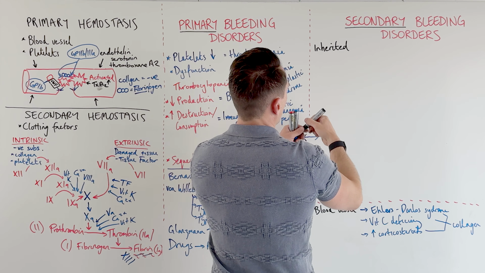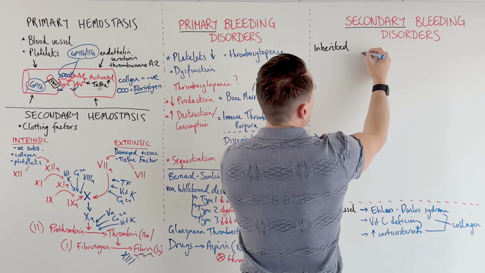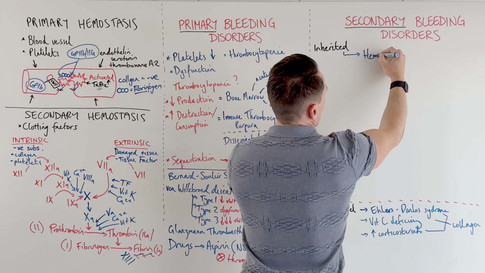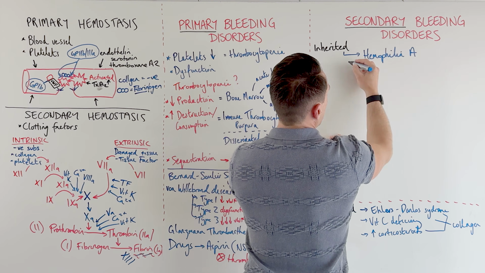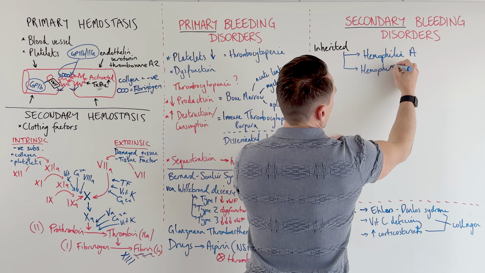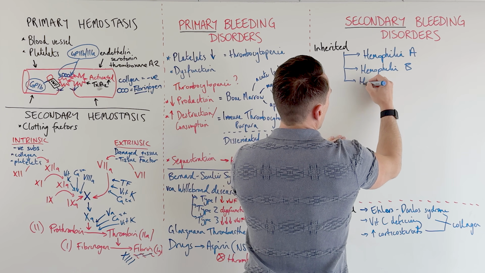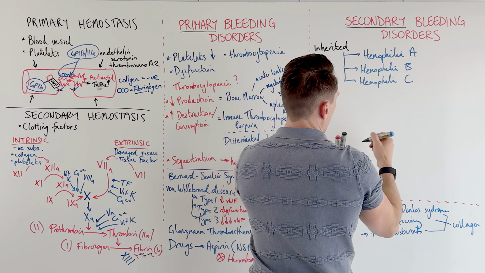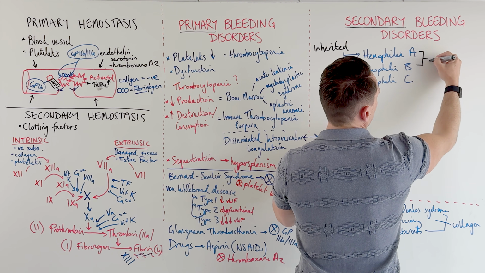Now, the inherited forms include the hemophilias. So this includes things like hemophilia A, hemophilia B, and also hemophilia C. Now, hemophilia A and B, they're both X-linked, right?